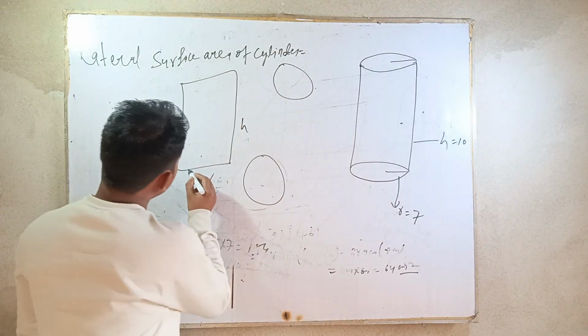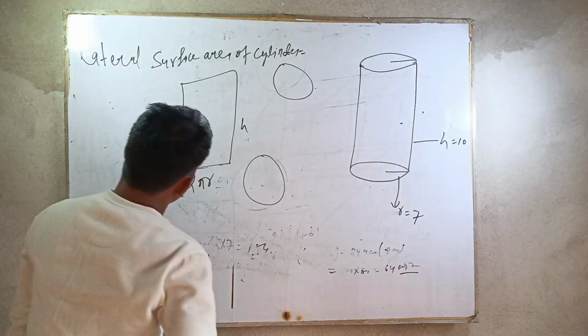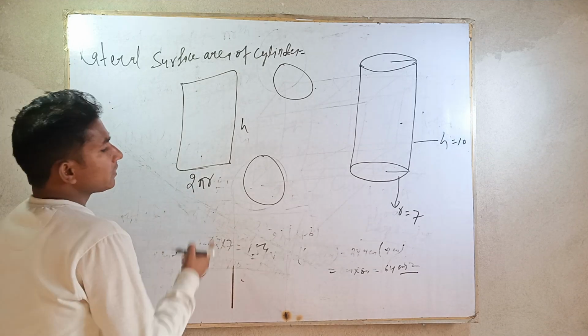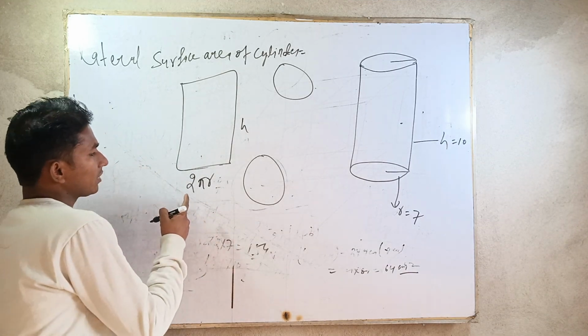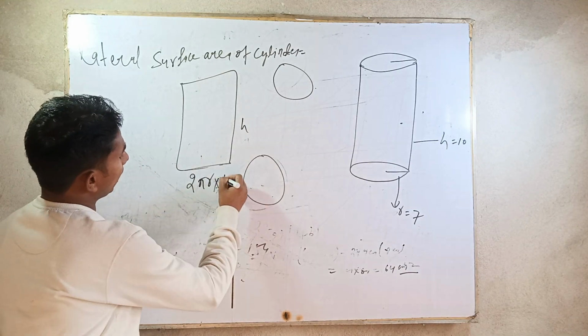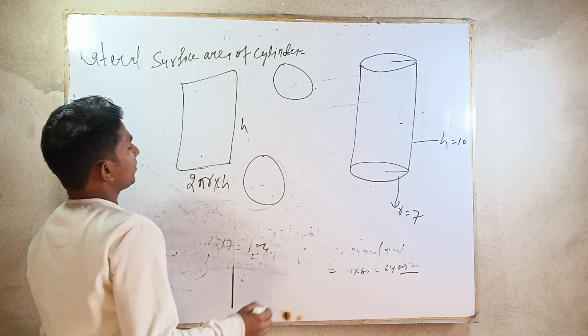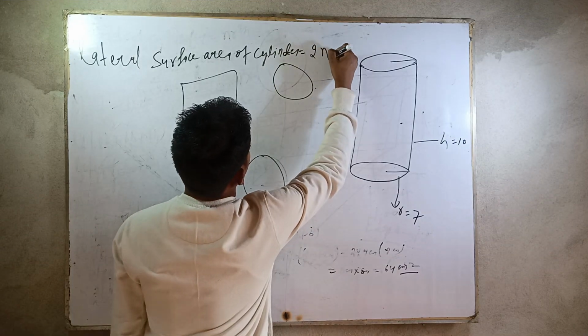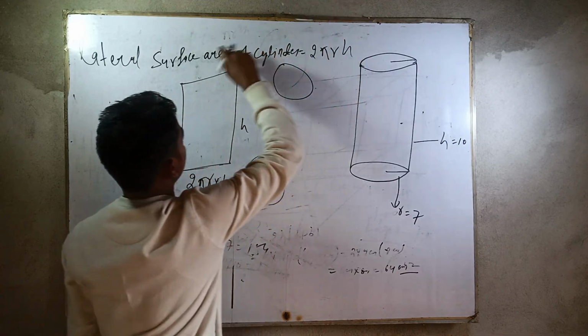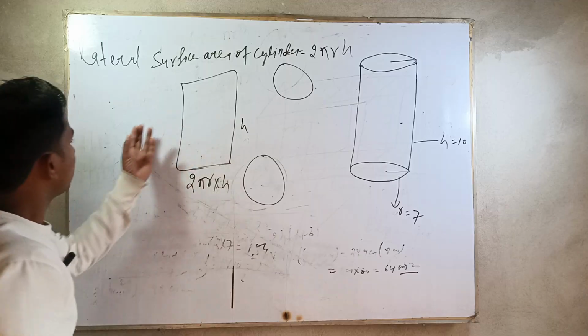Lateral surface area means if I multiply the circumference of the circle with the height, this is called lateral surface area, 2 pi r h. So 2 pi r h is equal to the lateral surface area of the cylinder. Now the same thing, if I need to find it, I will put in the values.